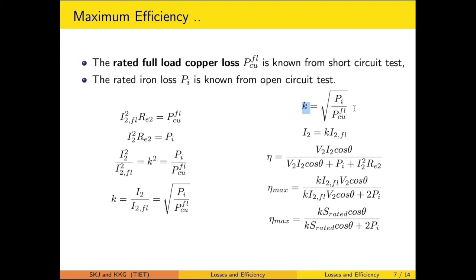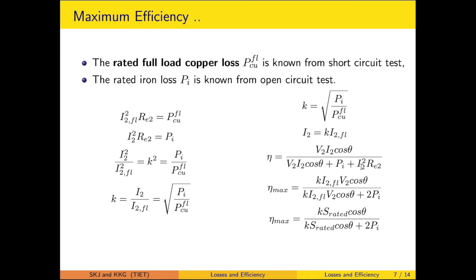Pi upon PCUFL. So the current level is obtained in terms of the percentage loading and the rated full load current. These are substituted in the general expression, so it results in the value likewise.